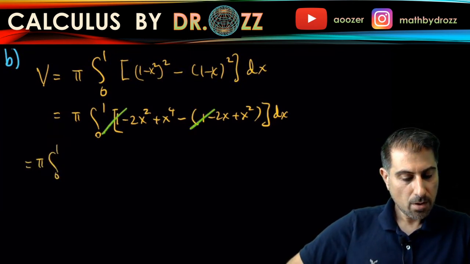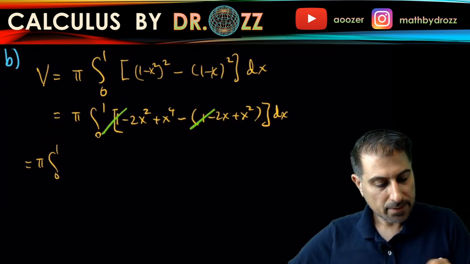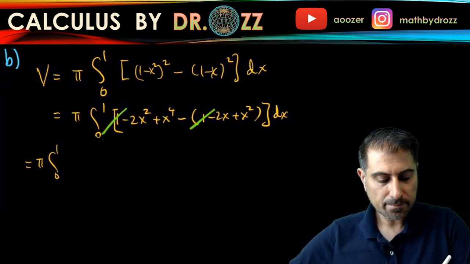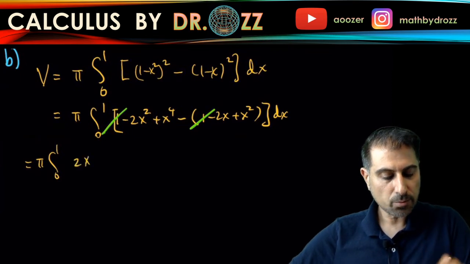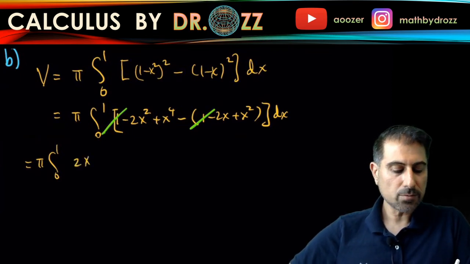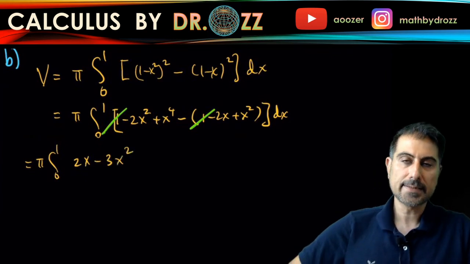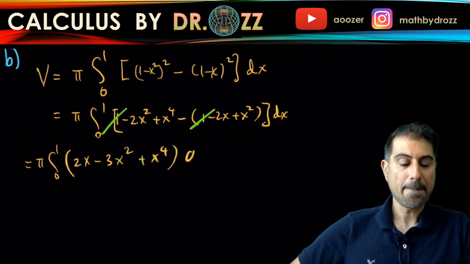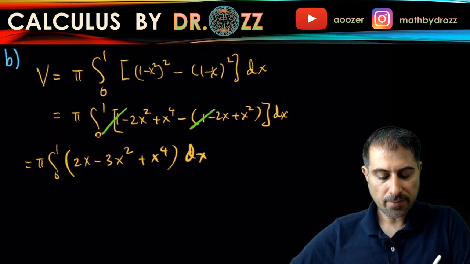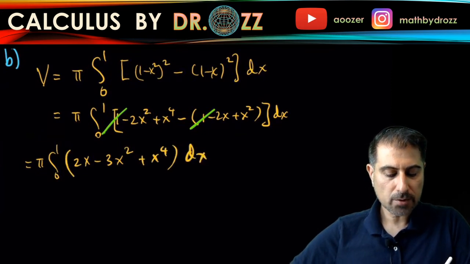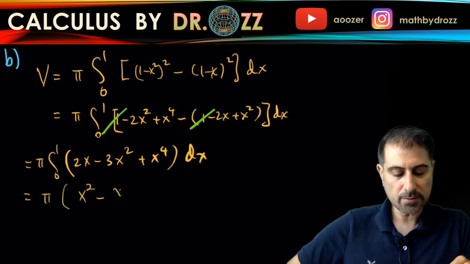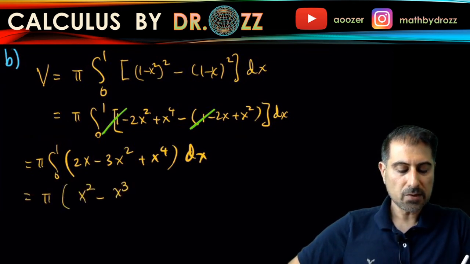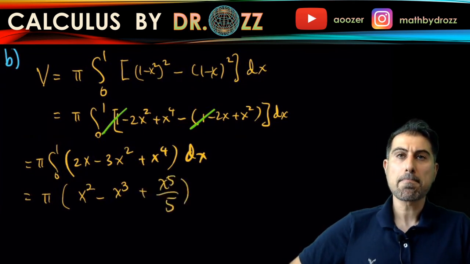Okay. You have plus 2x, minus 2x squared, minus x squared, so minus 3x squared, plus x to the fourth, dx. Okay, so now we can find the antiderivative. x squared, minus x cubed (3 times x cubed over 3 is just x cubed), plus x to the fifth divided by 5, from 0 to 1.